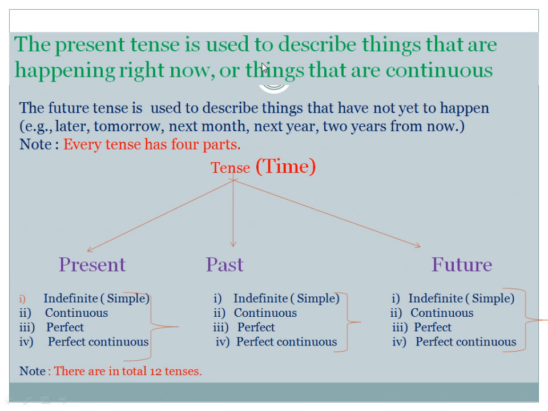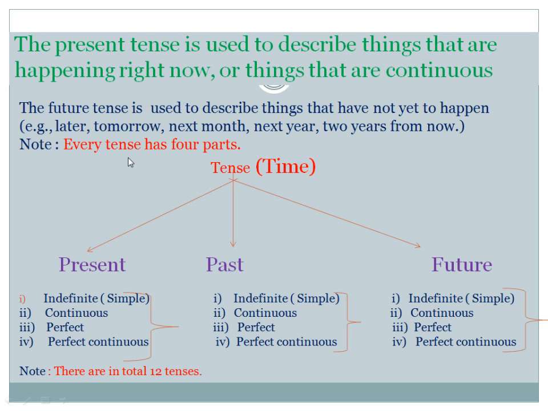The present tense is used to describe things that are happening right now or things that are continuous. The future tense is used to describe things that have yet to happen. Words like later, tomorrow, next month, next year, 2 years from now. All these words indicate that something is going to happen.